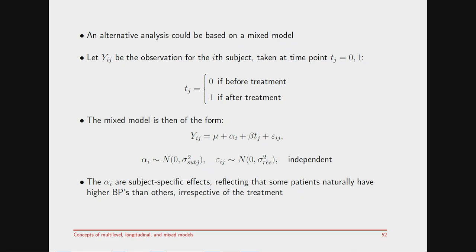If you apply that with this expression, then you have mu plus alpha i plus, the first observation has t equal to 0, so that disappears, plus epsilon i1, minus, so that's the first observation, mu plus alpha i plus beta, because for the second observation, the time is then 1, plus epsilon i2.